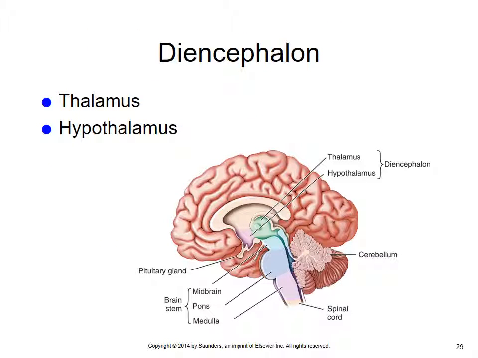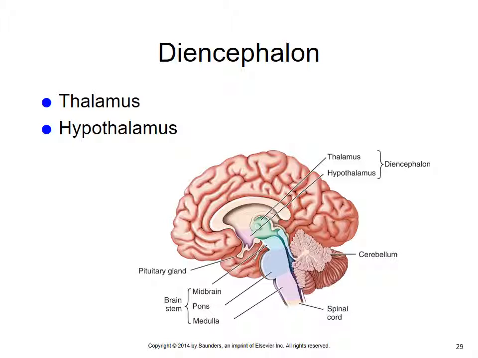There are two parts of the diencephalon, the thalamus and the hypothalamus. The thalamus acts as a sensory pathway for information coming from the lower brain and the spinal cord to the sensory areas of the cerebrum. It is especially important with regard to pain sensation.